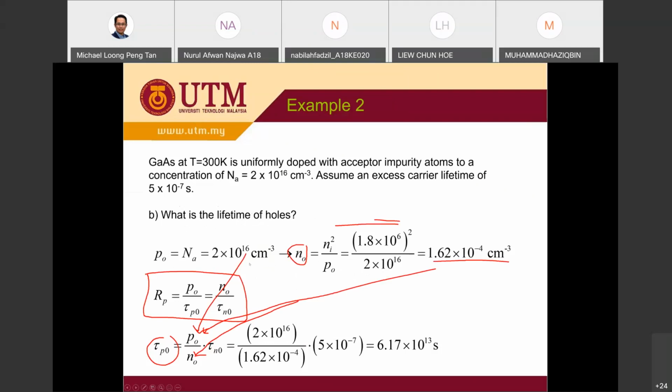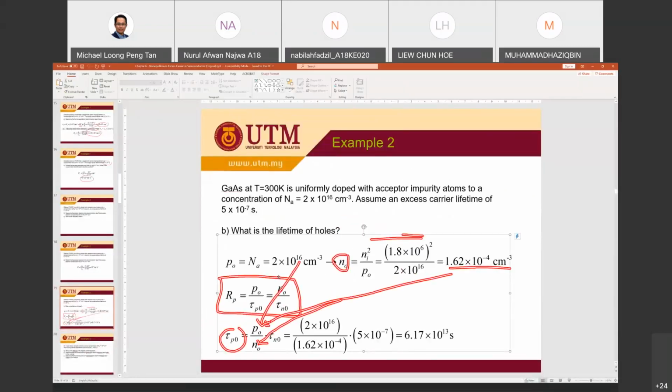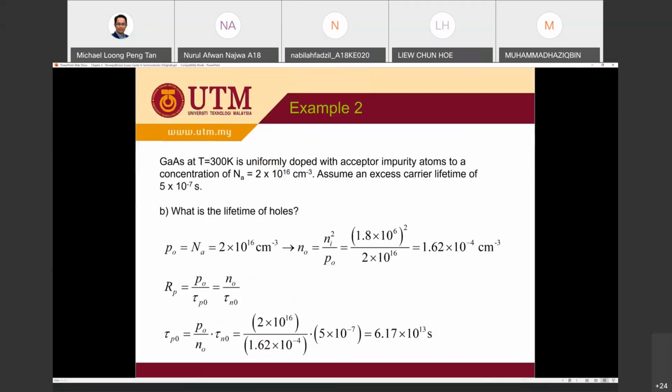This is a bit advanced. So now you are given P equals to Na, okay. Then you calculate your NO, you use the ni square equation, you divide, and you get 1.62. Okay, now you can get your PO and NO. Then what do they want?